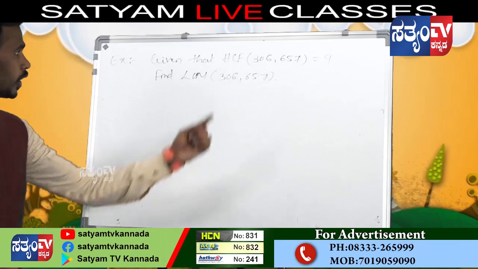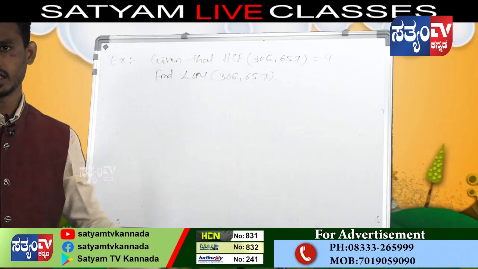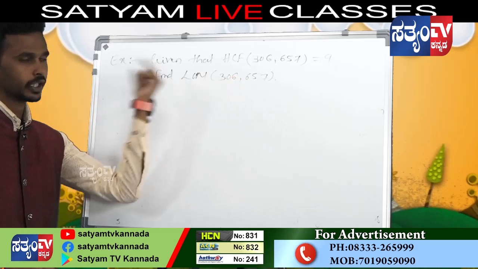So here they have already given the HCF as 9. We need to find the LCM. So for this, we can use the relationship.